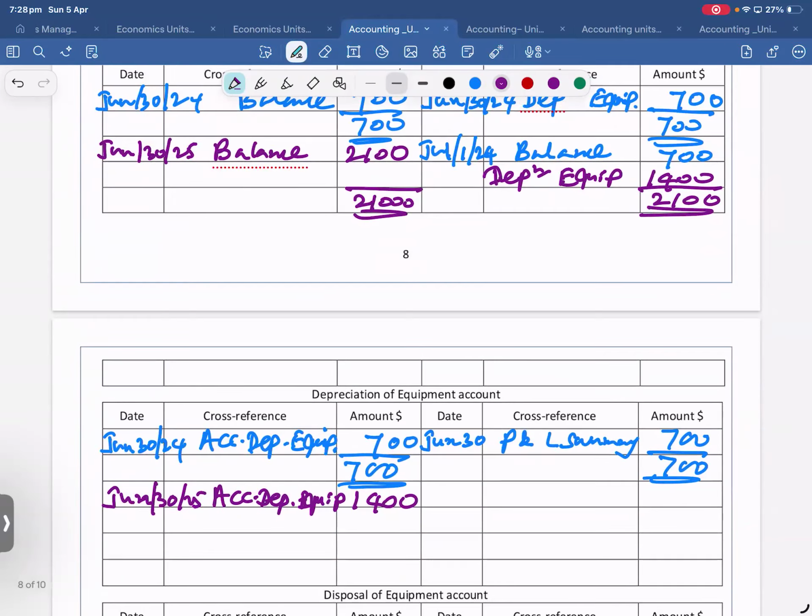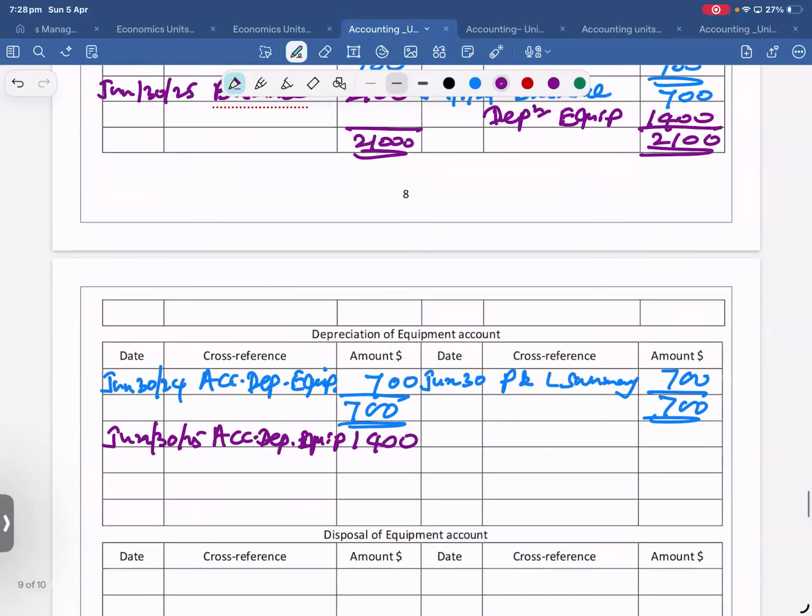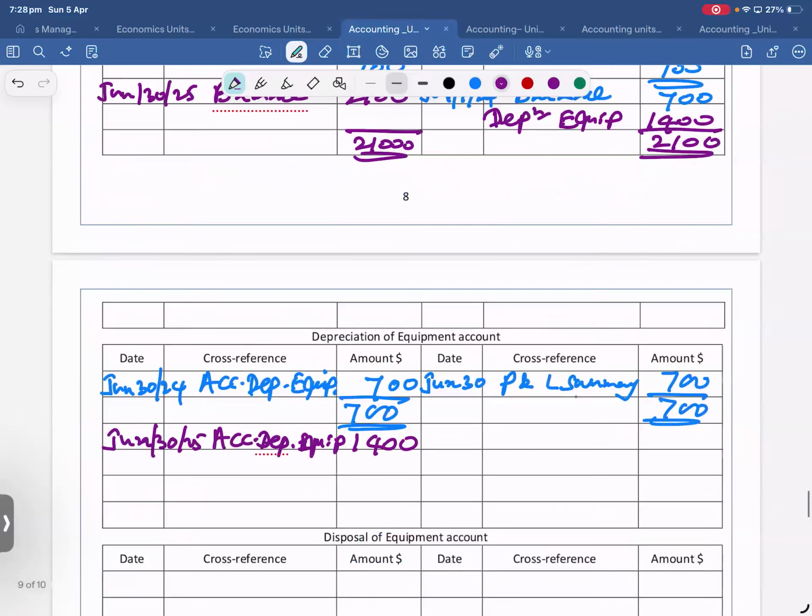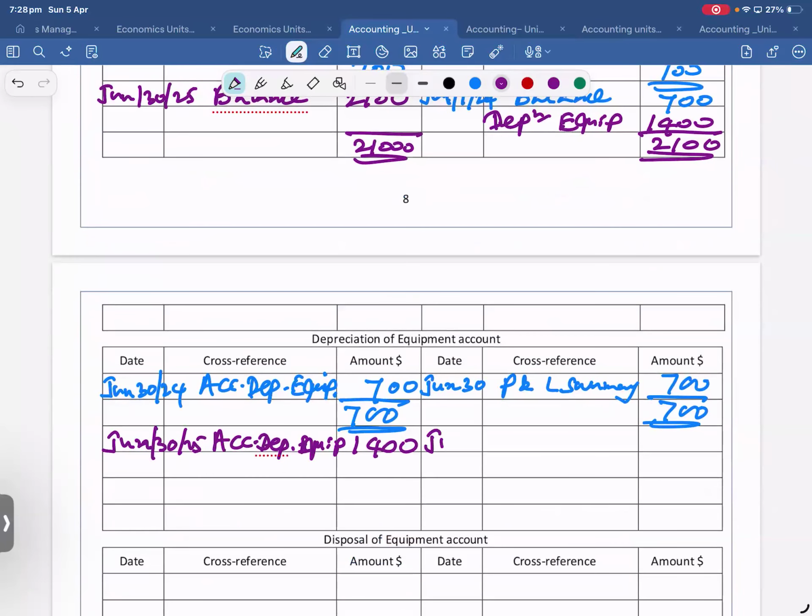Okay. Then, guys, what do you do for the depreciation of equipment? You again transfer it to, June 30, 25, transfer it to P&L summary. 1400, yes.